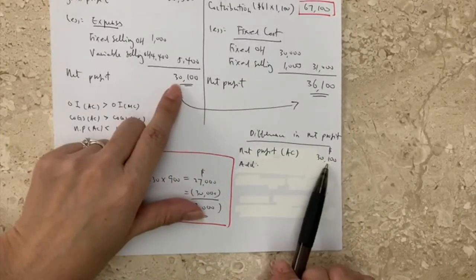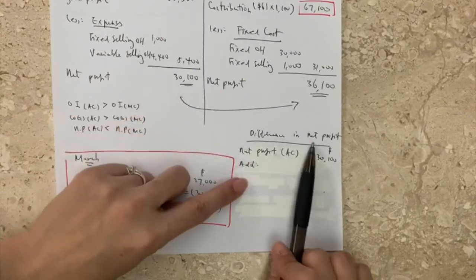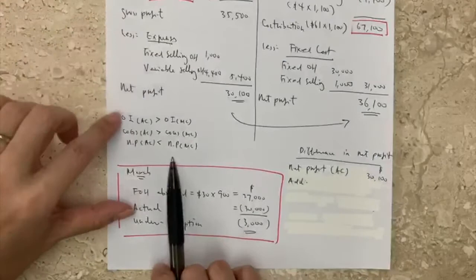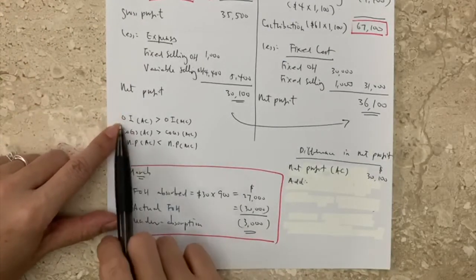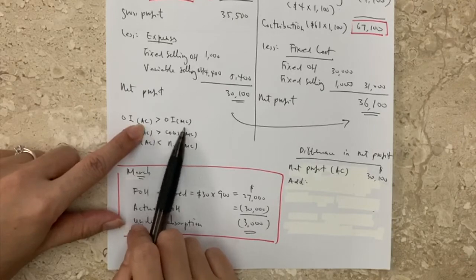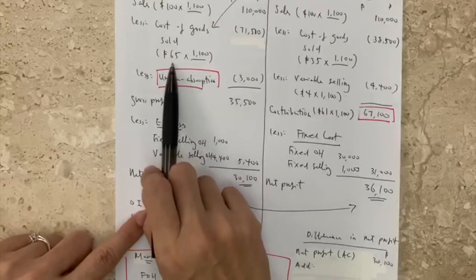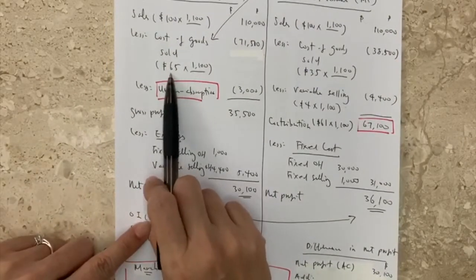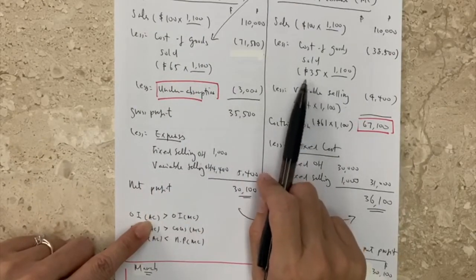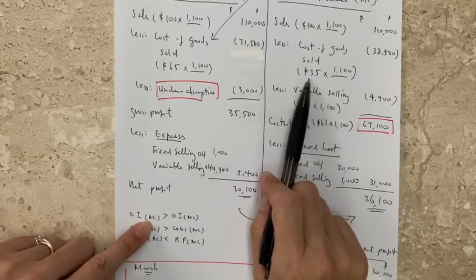So to explain the difference in net profits, I'll start with net profit under AC, which is 30,100. Why do we have a difference of net profits in March? Because we have opening inventory. Opening inventory under AC is always bigger than opening inventory under MC, because cost of production under AC is 65 per unit, while this is always 35, as fixed factory overhead is not absorbed.